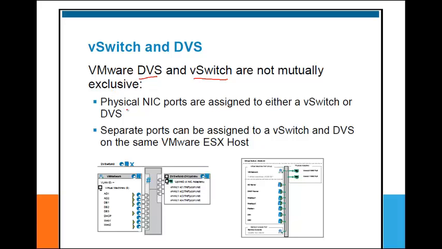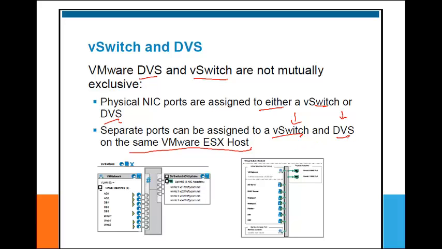Physical NIC ports are assigned to either vSwitch or DVS. Separate ports can be assigned to vSwitch and DVS on the same VMware host. So in parallel they can work, and we can have separate ports for vSwitch and separate for DVS.